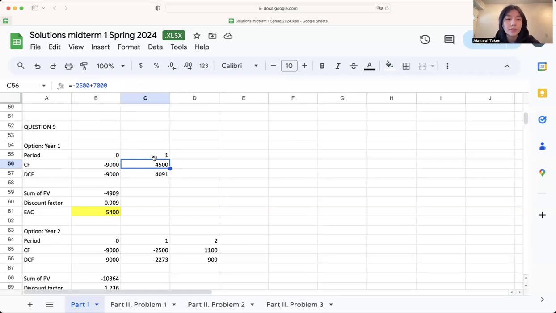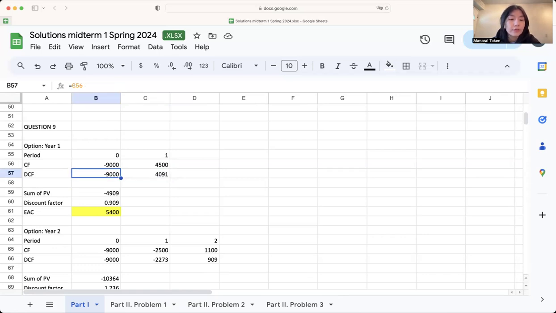Expenses usually come with a minus sign, and this disposal value is an income for us because we sell those assets and receive money in turn. That's why it was added to our cash flows. And this figure, 4,500, is going to be discounted by 1.1 to find the discounted cash flow value.